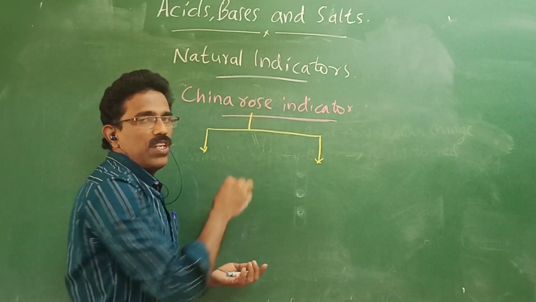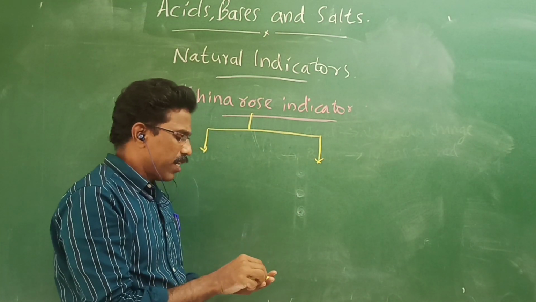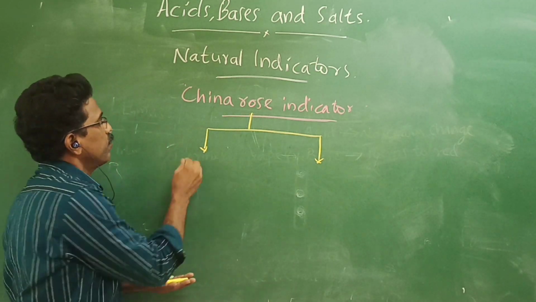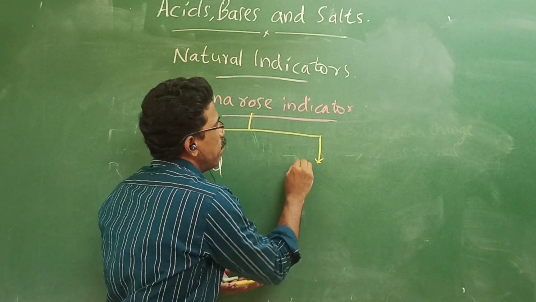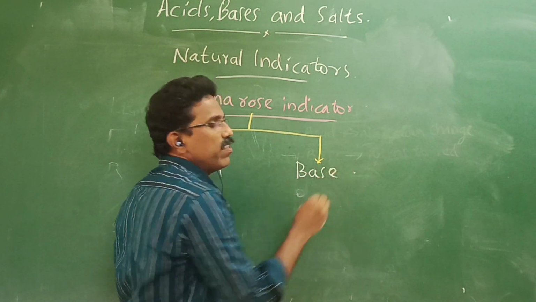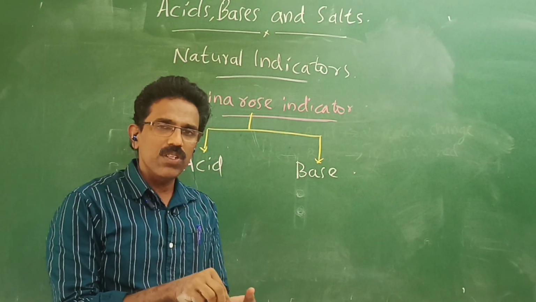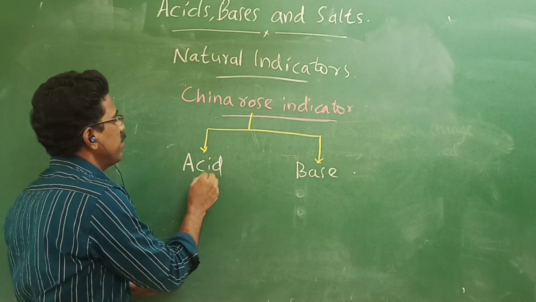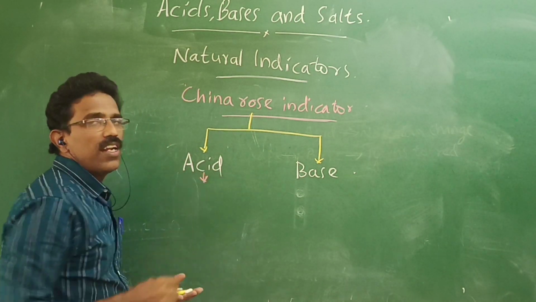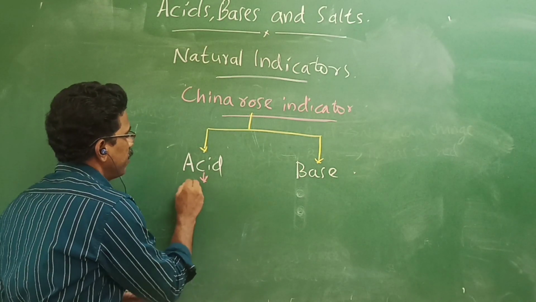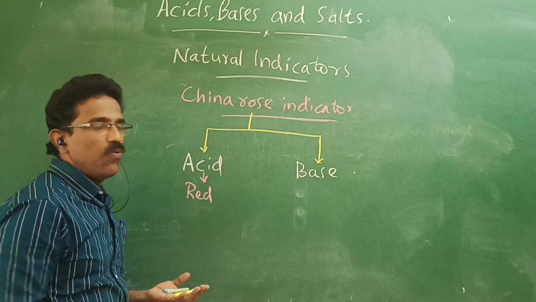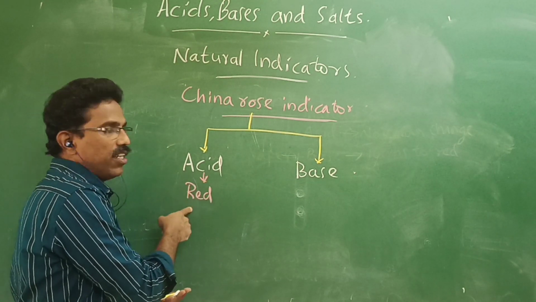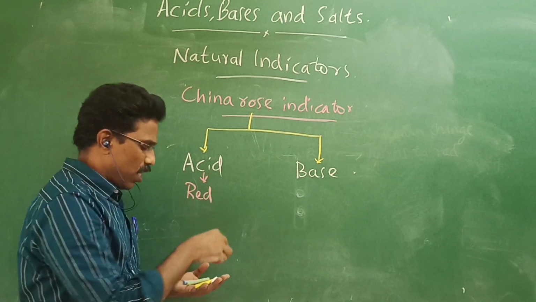So the China-rose indicator when reacting with acid and base, what is the color difference we have observed? Yes, with the acid, the color becomes red. So, China-rose indicator when it reacts with the acid, its color turns red.